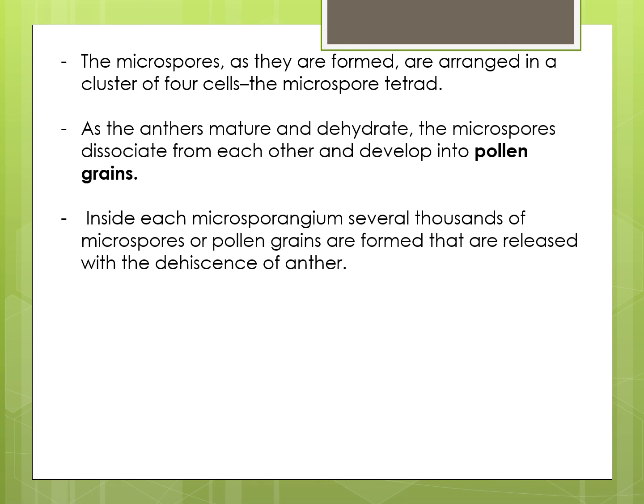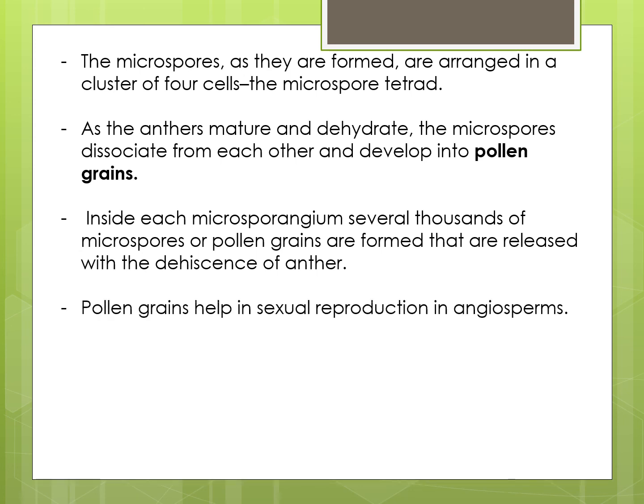Inside each microsporangium, several thousands of microspores or pollen grains are formed that are released with the dehiscence of the anther. So the anther undergoes dehiscence, due to which a large number of microspores or pollen grains are released. And these pollen grains help in sexual reproduction in angiosperms.